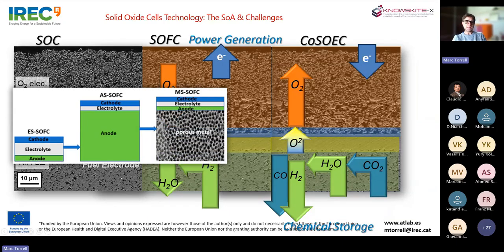Knowing that, I want to add something I think has not been mentioned: these devices can be structurally made as an electrolyte supported cell, where the electrolyte is the most mechanically robust layer, or fuel electrode supported, known as anode supported cells, where the robustness comes from the fuel electrode, the anode in fuel cell mode, or metal supported, with a porous metal support.